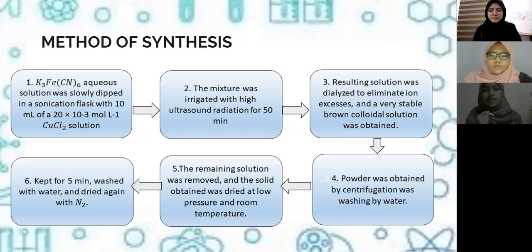After that, the powder form obtained by centrifugation was washed with water, and then the remaining solution that was produced will be removed, and the solid obtained will be dried at low pressure and at room temperature.